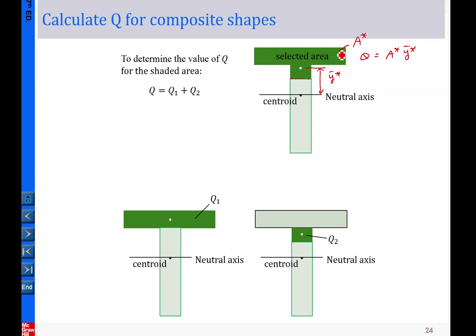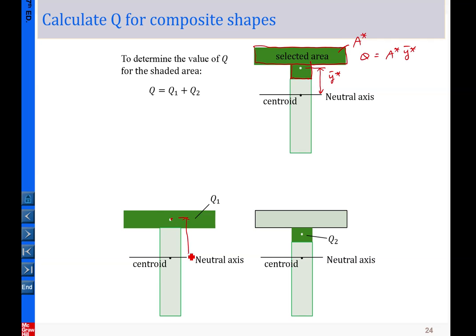For this one, you decompose into two simple, easy shapes. For example, here I decompose one here, another one is this one here. For each one you can easily determine their centroid.